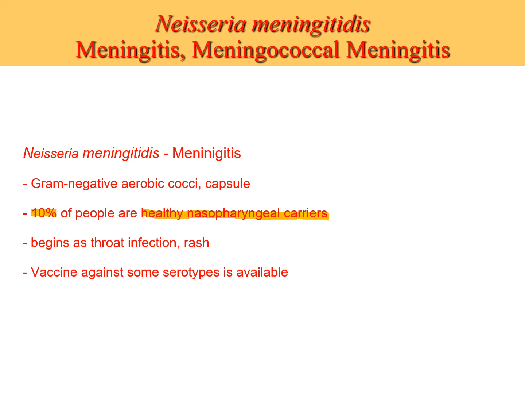The infection itself starts as a throat infection with a rash, and then proceeds to getting into the CSF and causing meningitis. Again, there is a vaccine, although it's only available against certain variants or serotypes of the bacteria.